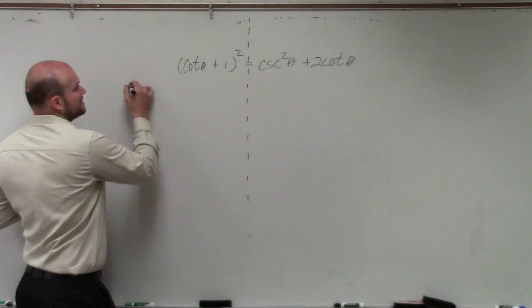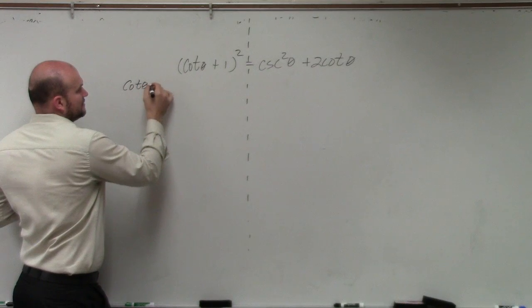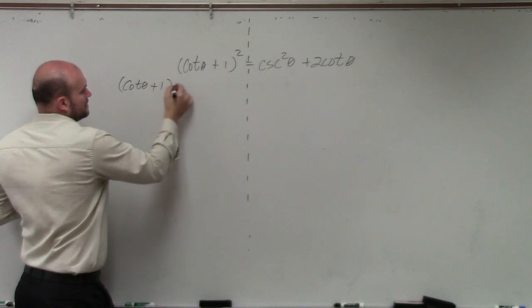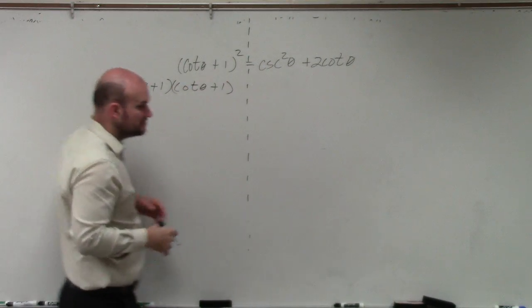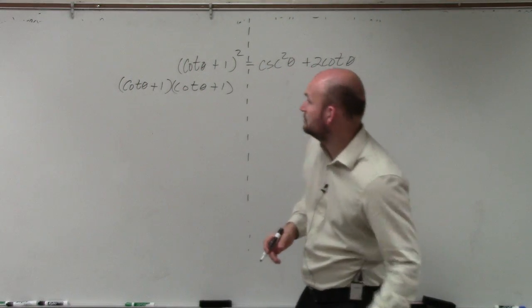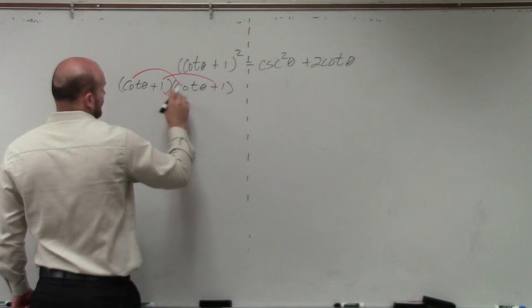So remember, cotangent theta plus 1 squared is cotangent of theta plus 1 times cotangent of theta plus 1. Just like in algebra, we have to apply FOIL. You could use the FOIL box if you'd like.